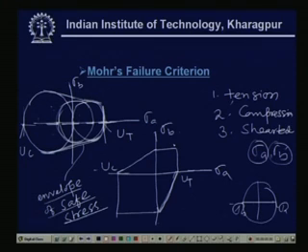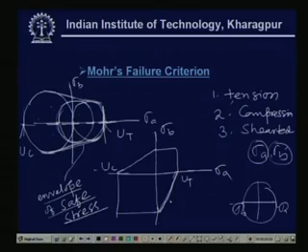Now, one thing I would like to say is that in the Mohr's failure also, the material people consider is a brittle material. So now we have learned two situations: one for the brittle material, another for the ductile material. We discussed the ductile material.